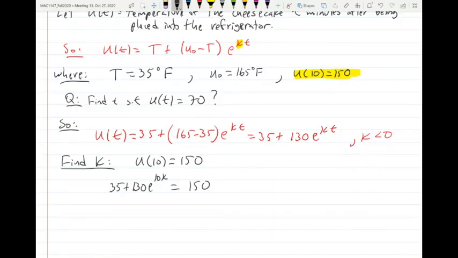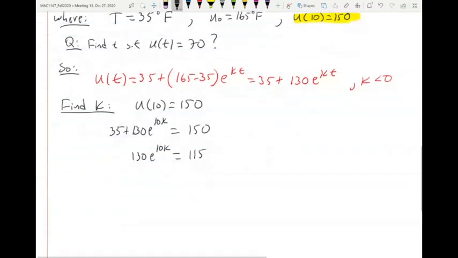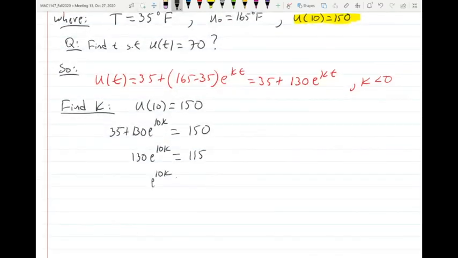Now we can use this to solve for k. So 130 e to the 10k is going to be equal to 150 minus 35, that's 115. And e to the 10k is 115 divided by 130.